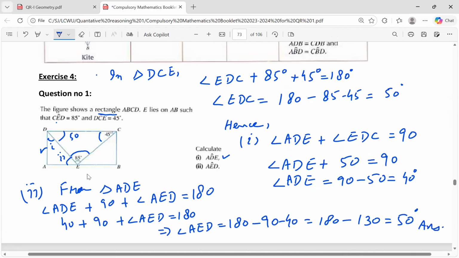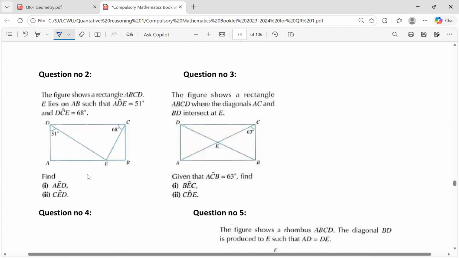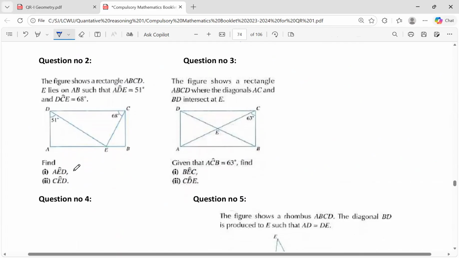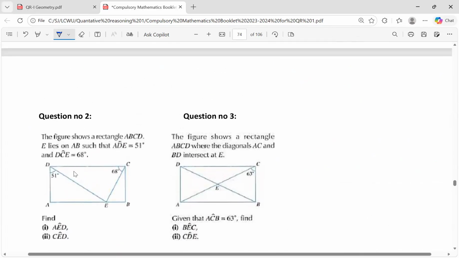Okay, I hope that it is clear to you. Now second question. In the figure shown here, a rectangle ABCD is shown, and E lies on AB such that angle ADE is 51 degrees, and angle DCE is 68 degrees.